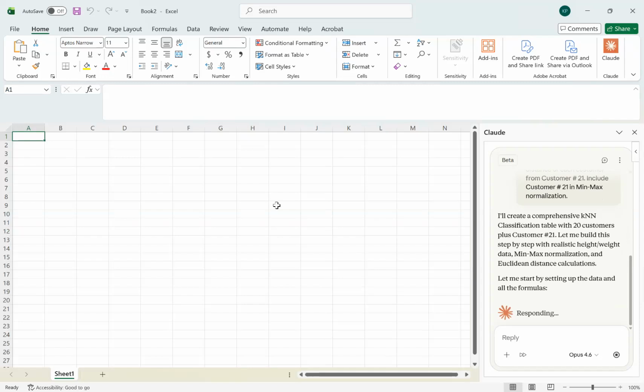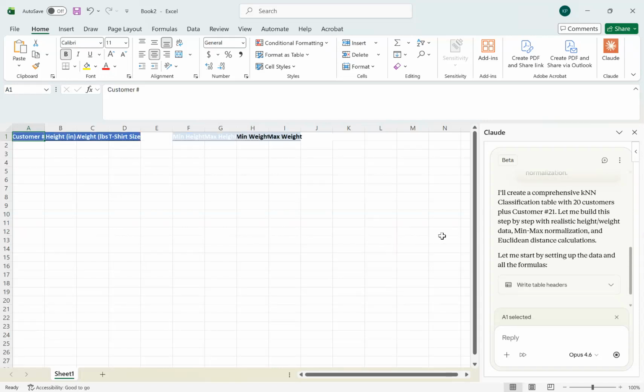And it's saying it's going to create a comprehensive table with 20 customers plus customer number 21. And as you can see, it seems to have skipped a column, and the colors don't match. All that it'll fix by the time it finalizes the table.